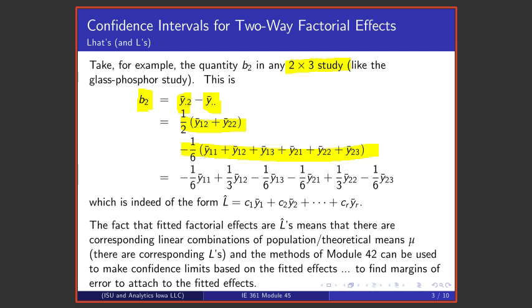If one then assembles coefficients, what one ends up with is some coefficient times the y bar for the upper left cell, another coefficient for a y bar on the first row in the second column, another coefficient times y bar on the first row in the third column, and so on. One winds up with coefficients times y bars. One winds up with an L hat.